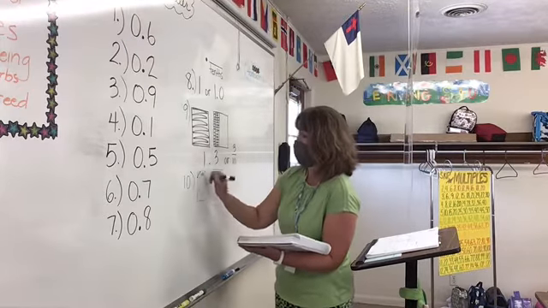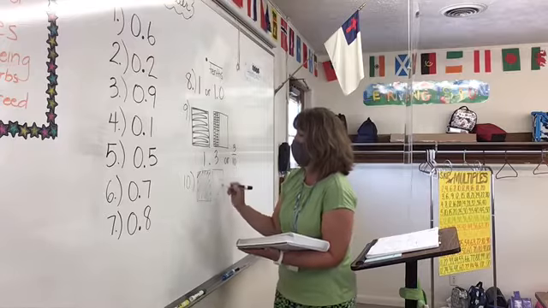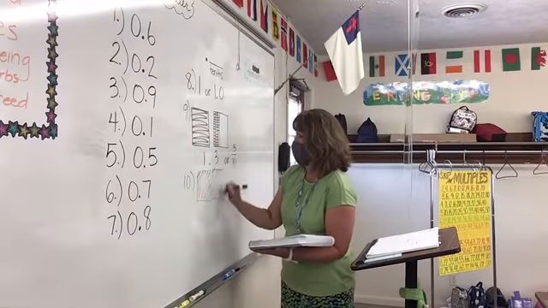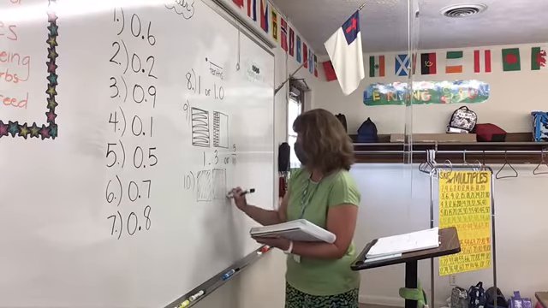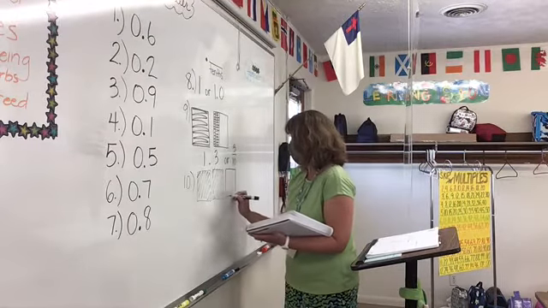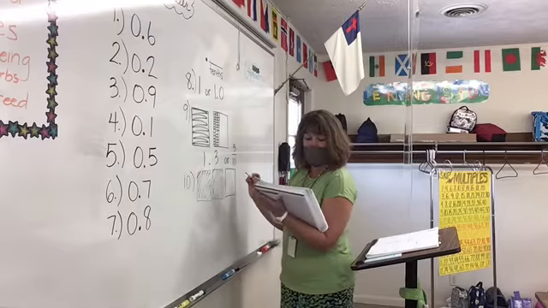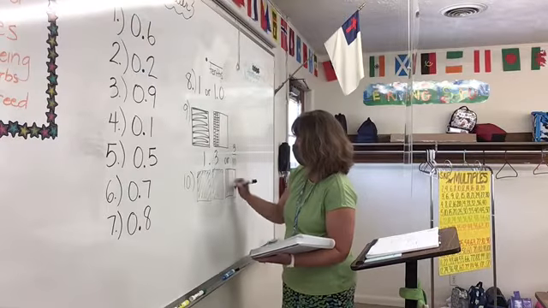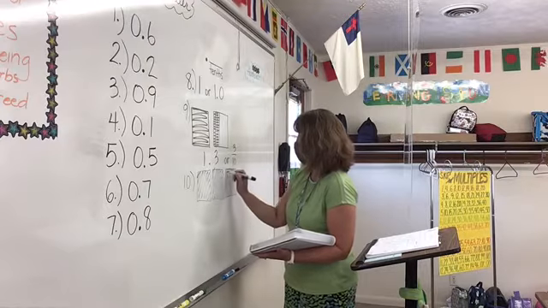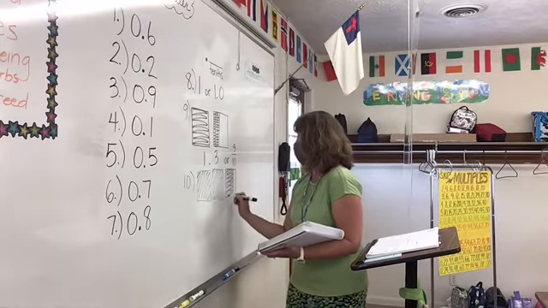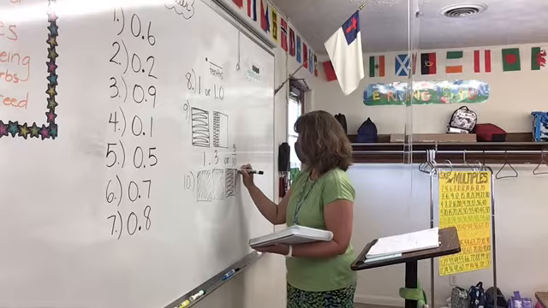So color the first 2, the whole thing, and color neater than Mrs. Muller. I do actually like to color, but it's just hard on the board. And then 7 of the second one.